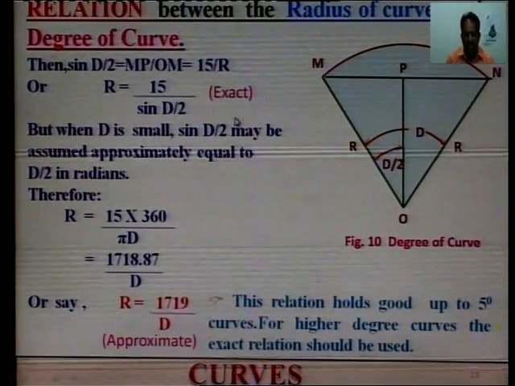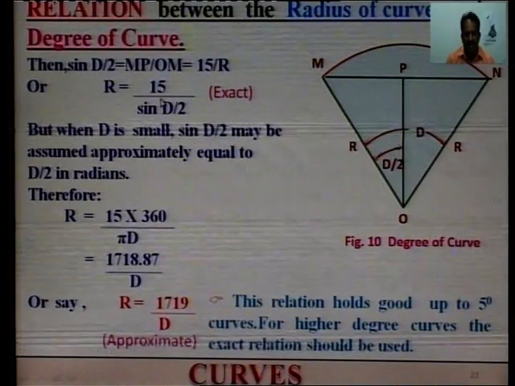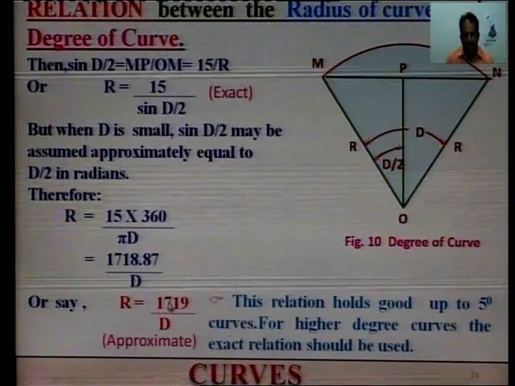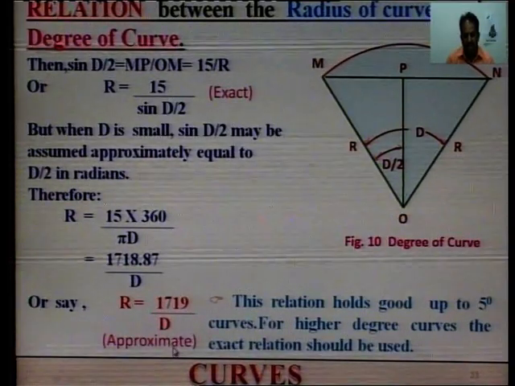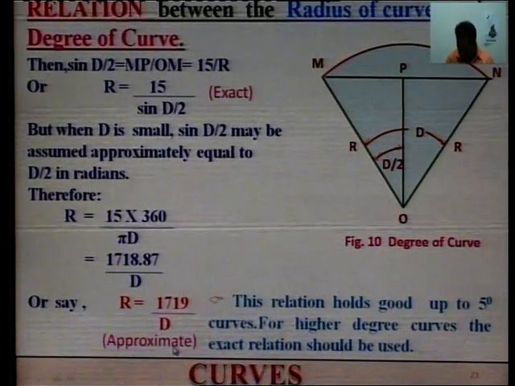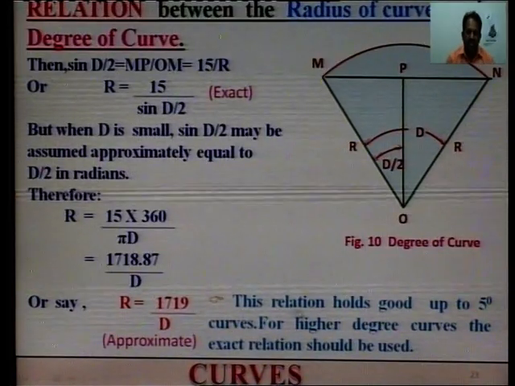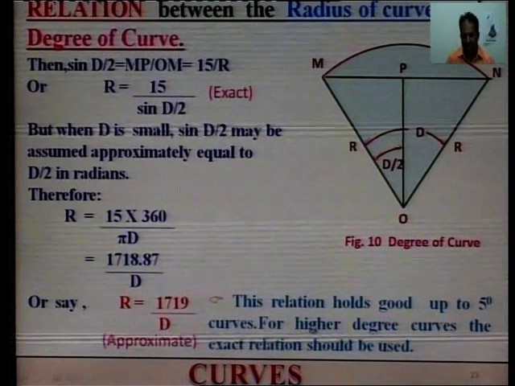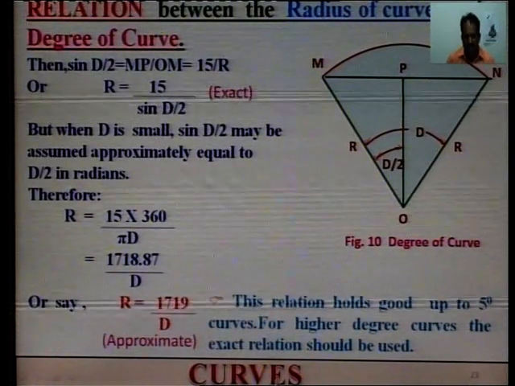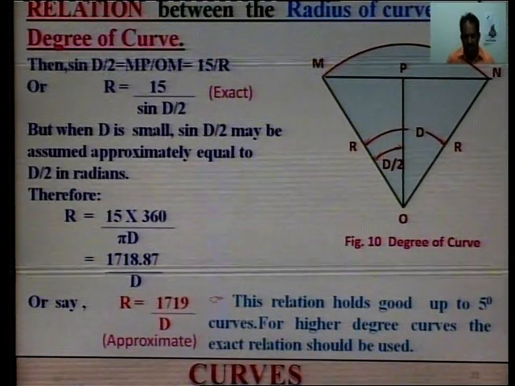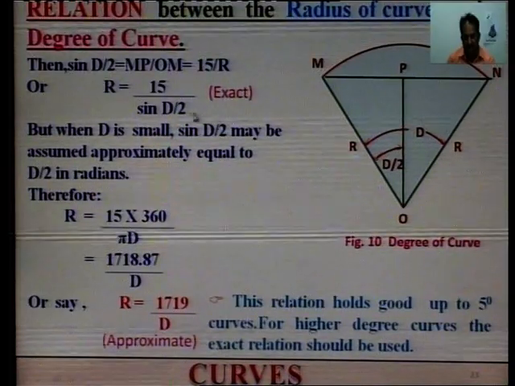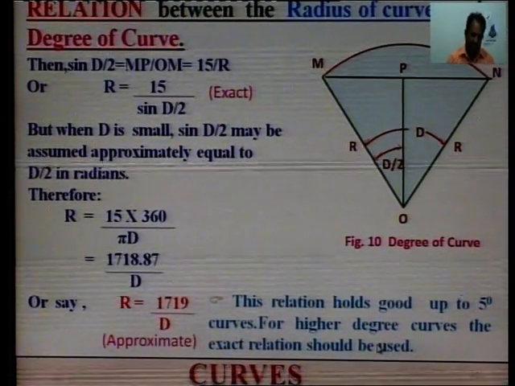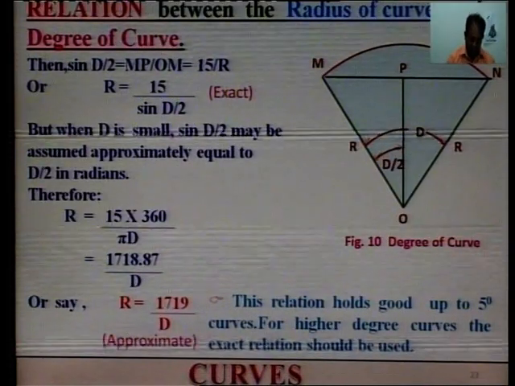The approximate relation holds good up to a 5-degree curve. For higher degree curves, the exact relation r is equal to 15 by sin d by 2 should be used. So, this is the relation between radius of the curve and degree of the curve.